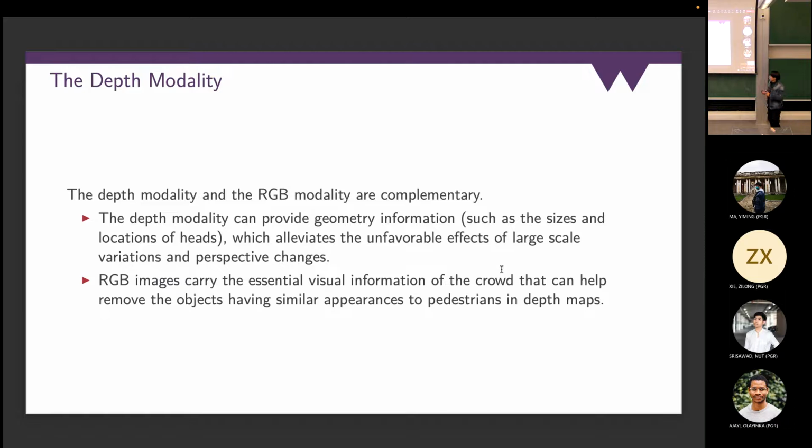The depth modality is about the distance between the crowd and the camera. As a result, it can provide some geometry information, and this is very important in crowd counting because it can provide some information about the scene itself.